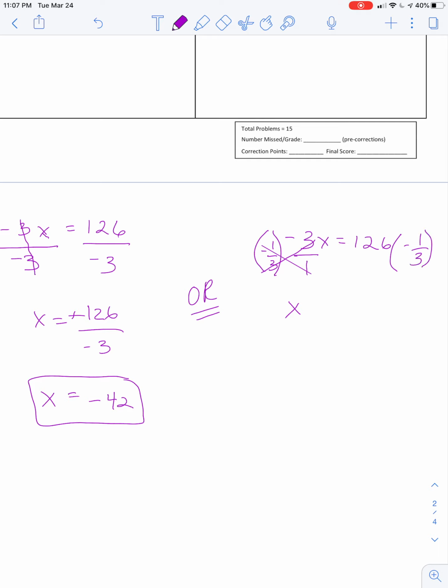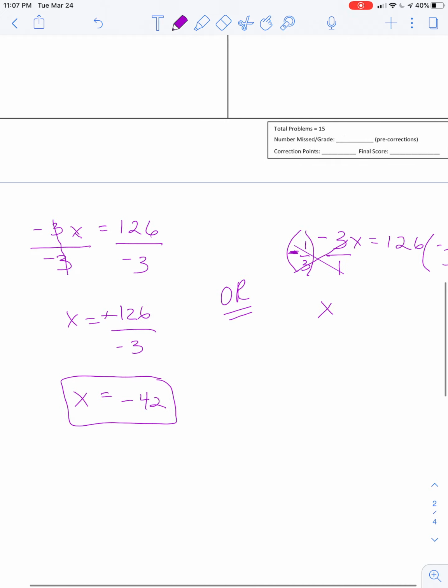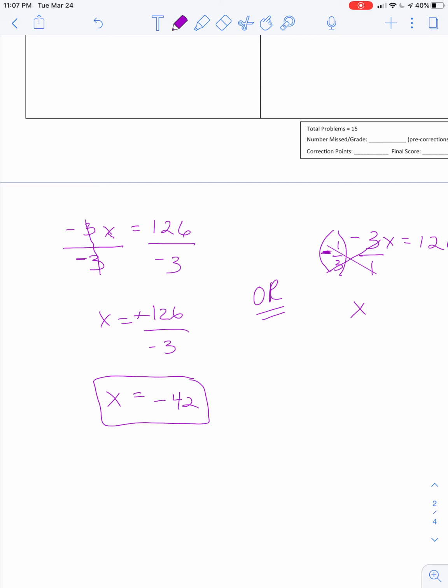Notice that we use the negative inside the reciprocal of negative 3, and we also did that in this one. We divided by negative 3 because negative 3 divided by negative 3 gave us the positive 1 or a positive x.